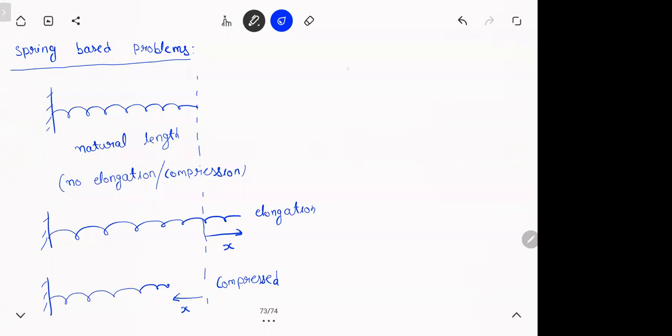And here we find out the spring force, which is given by minus k x bar. This k is a constant. We call it spring constant. So what does the spring constant tell you?